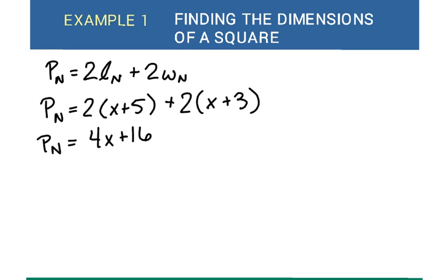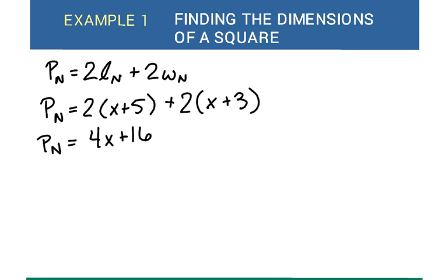Now, on the previous page, it said that the perimeter of the new rectangle will be 4 inches less than 8 times the width of the original rectangle.